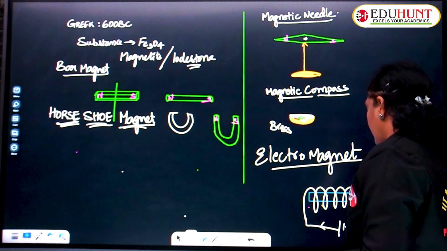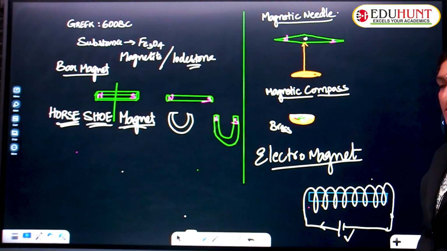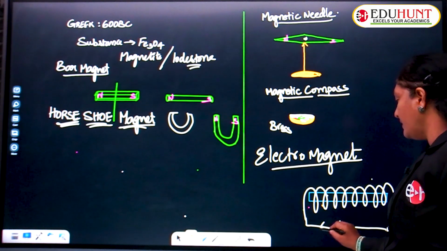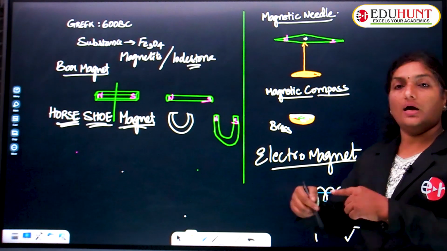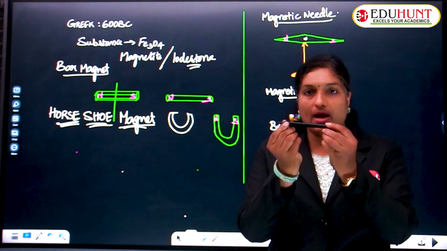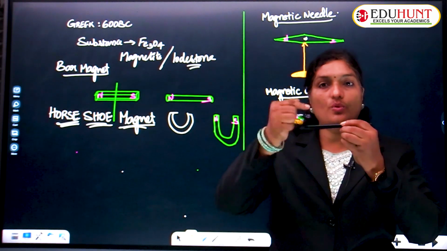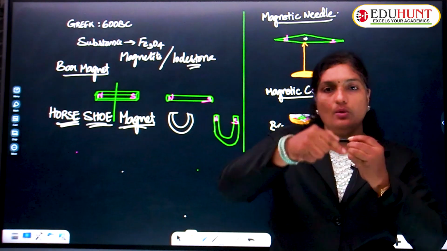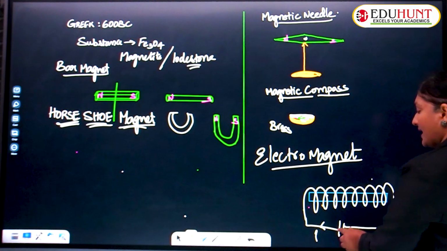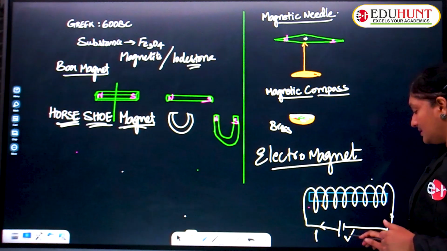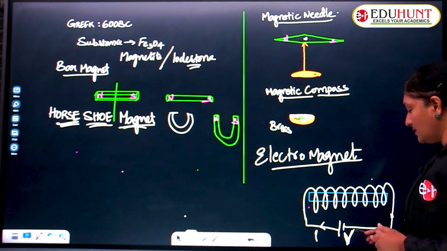A battery of some voltage is applied, a potential difference, and the copper wire is wound around the iron. So you have to consider an iron core around which copper wire is wound, and the two ends of the copper wire are attached to the battery. This indicates V. V means volts.